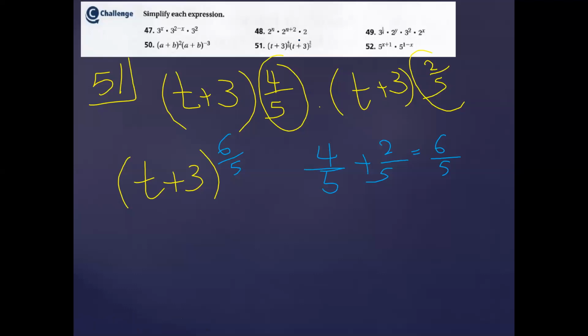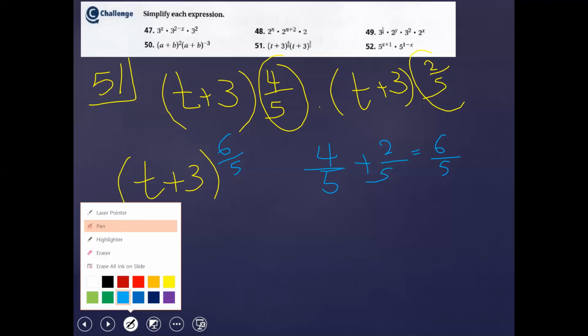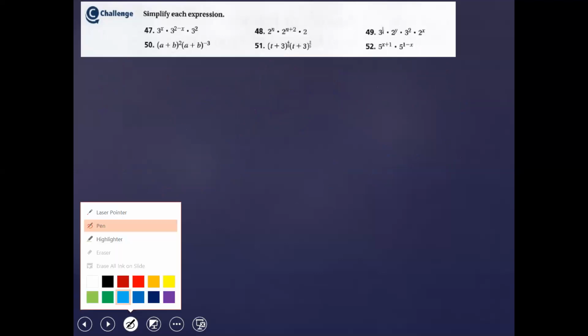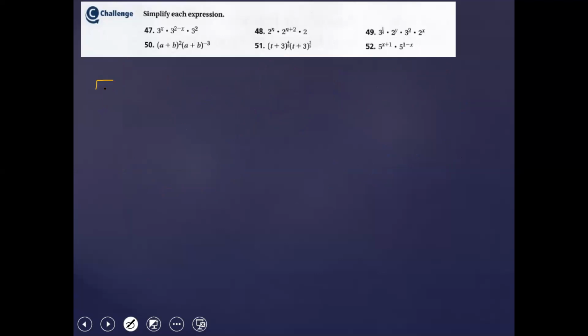Now, let's do number 52. In number 52 here, we have 5 raised to the power x plus 1 times 5 raised to the power 1 minus x. Do we have the same base?